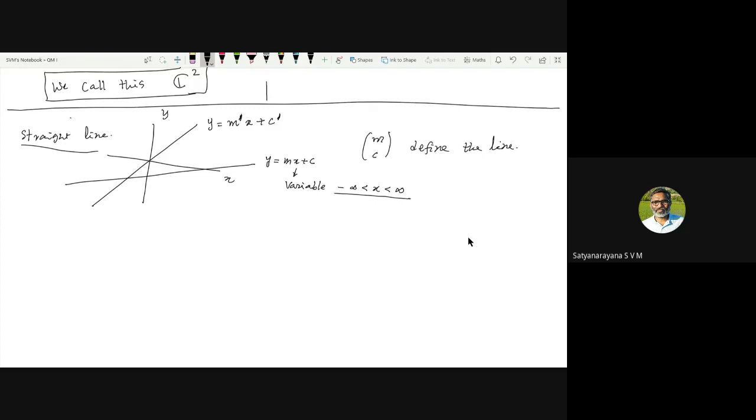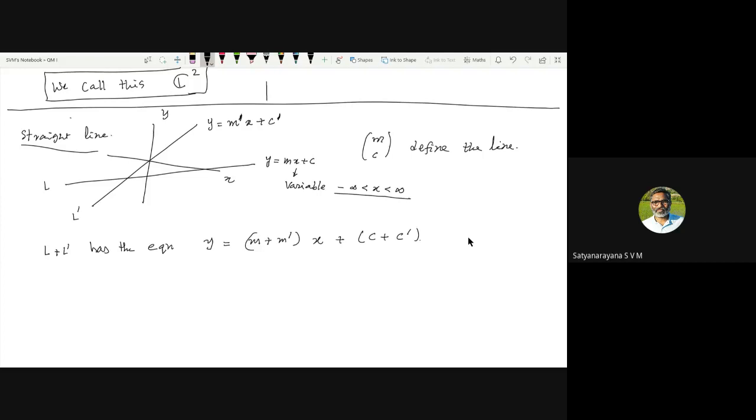Now if I am adding these two lines, so let us say this is line L, this is line L prime. Now L plus L prime has the equation, y and x don't change. y is equal to m plus m prime into x, for that also the whole x has to be used, plus c plus c prime.